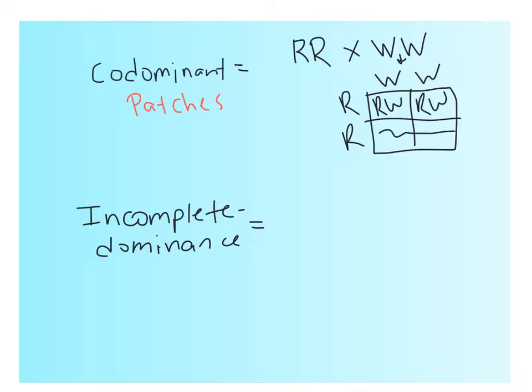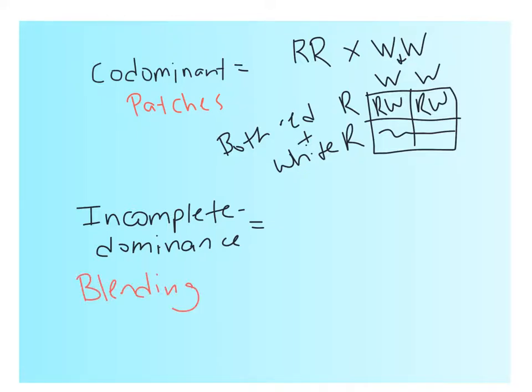RW would be a cow that is both red and white.